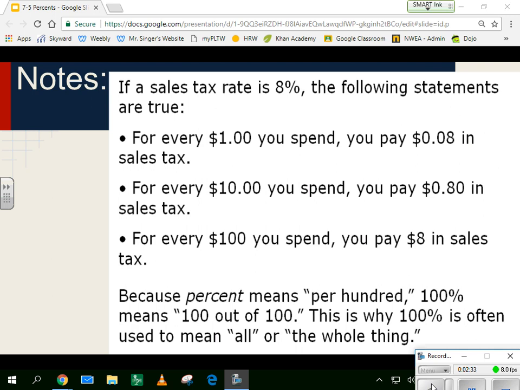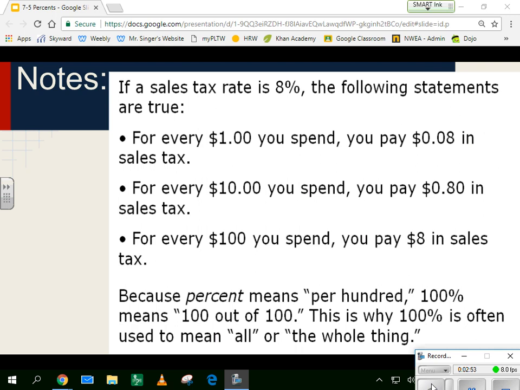So remember, because percent means out of 100, 100 out of 100 would be 100%. This is why 100% is often used to mean all or the whole thing. It's kind of like having a whole number as a fraction, or having 1.0 as a decimal.